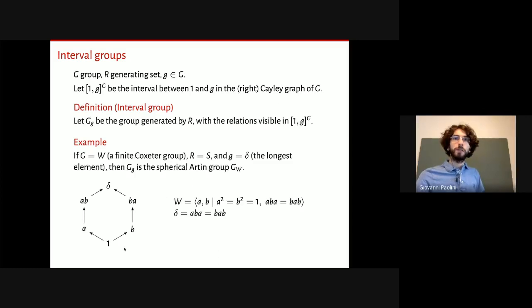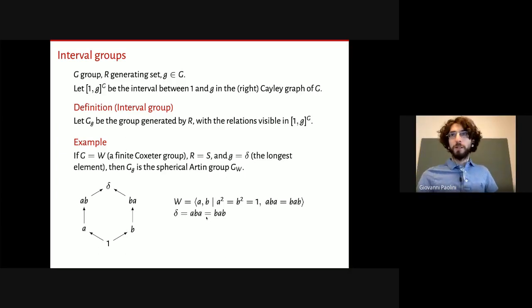So in our example, sigma 3, this would be the interval between the identity and the special element delta. In this case, the special element delta is ABA, which is also equal to BAB. So you can see that in this case, the interval actually covers all the elements of the group, and the special element delta is the only one of length 3. All the other elements have length smaller than 3.